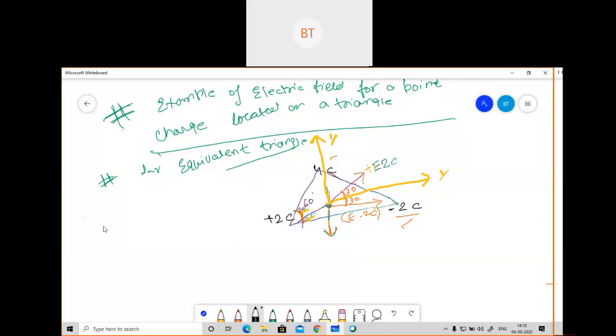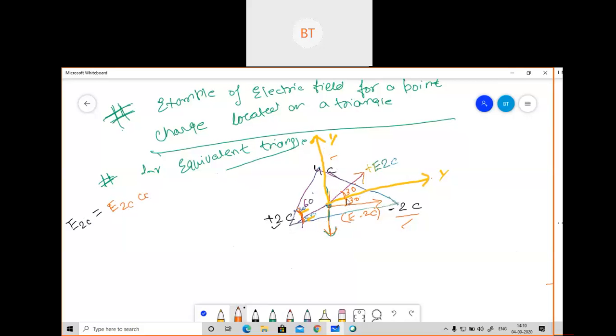So see, if I have to write for plus 2c, what will I write here? This angle, if we are writing about this part, you will see two things are there, x direction and y direction. So what can I write here? E2C cos 30 degree.